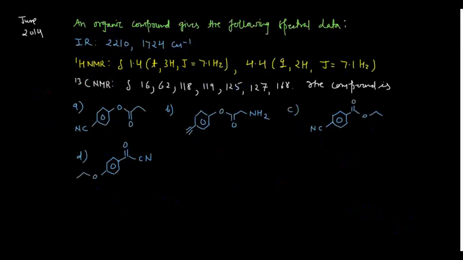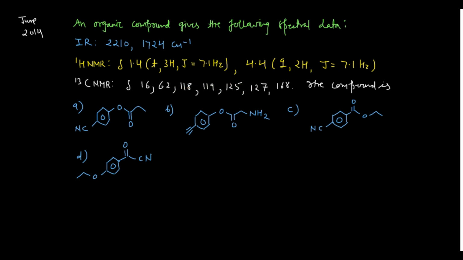So the next question says, guys, an organic compound gives the following spectral data. The IR spectrum gives stretching frequencies at 2210 centimeter inverse and 1724 centimeter inverse, and proton chemical shifts are there: a 3 proton triplet at 1.4 ppm and a 2 proton quartet at 4.4 ppm, and these are the carbon chemical shifts.